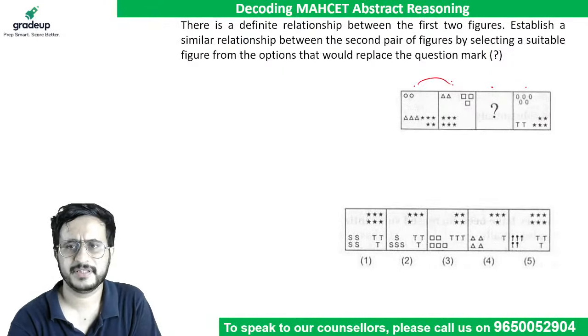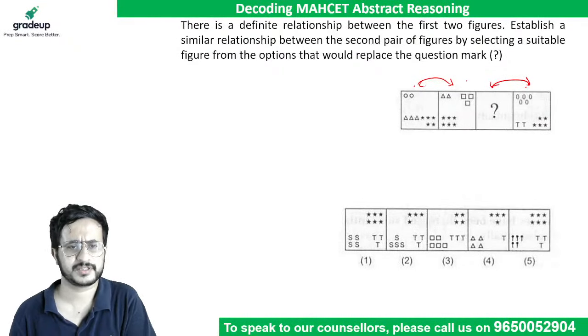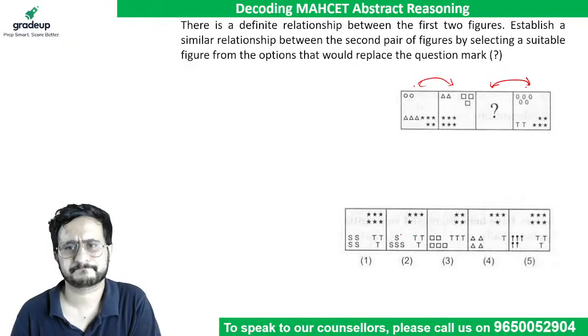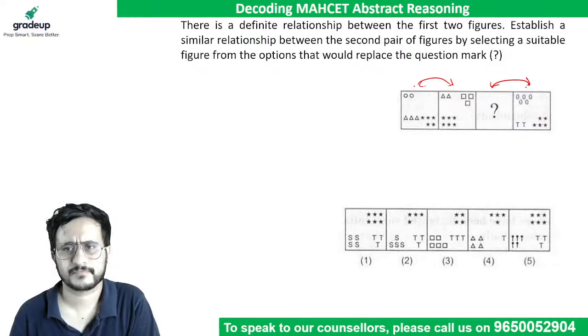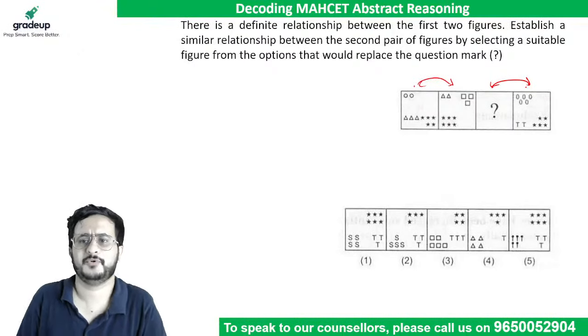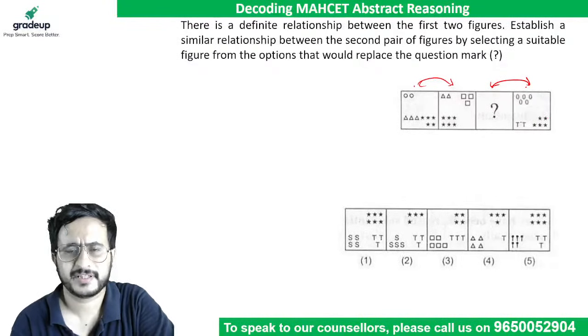The relation between these two figures is the same as the relation between these two figures. Which of these options will have the same relation? If you put that option here, that would make the same relation.